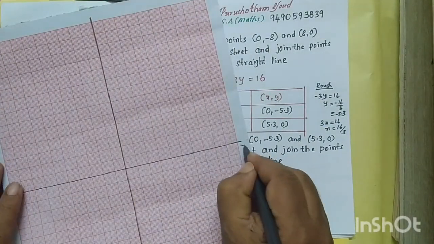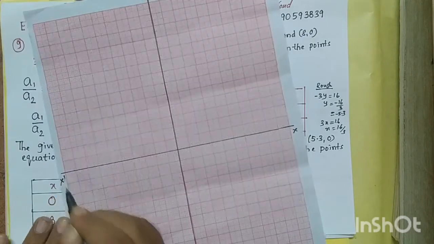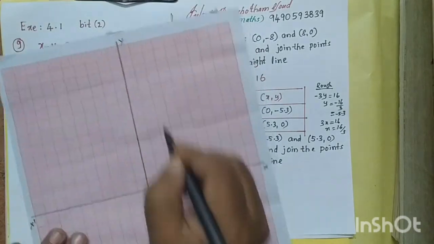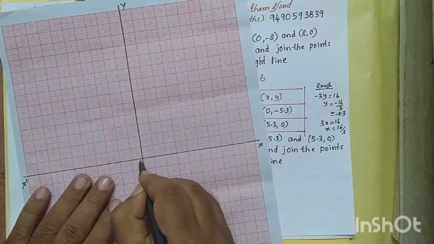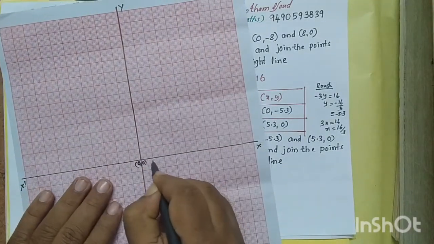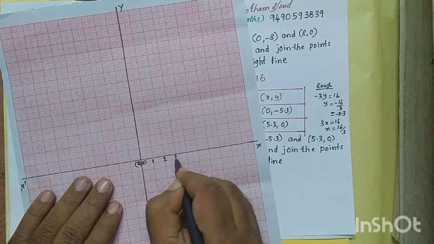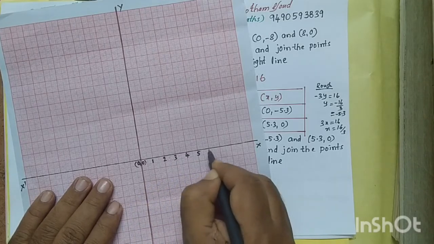This is x-axis and this is x dash, the negative x-axis. This is y dash. At the origin we take 0, and then 1, 2, 3 and so on.